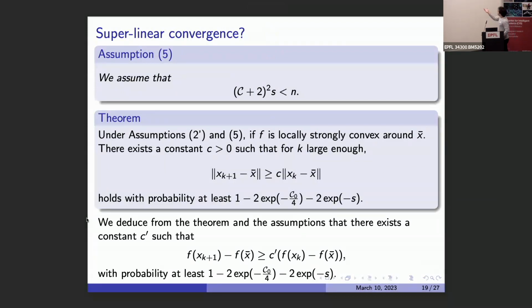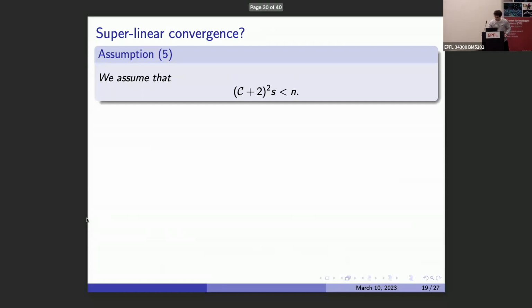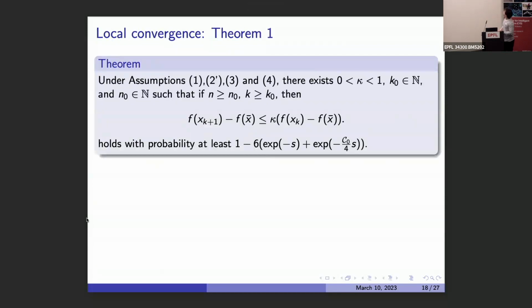And because we assume that f is strongly convex, this is equivalent. So the theorem is equivalent to the fact that for k large enough, f(xk+1) minus f(x bar) is greater than some constant times f(xk) minus f(x bar). So it says that this result is actually optimal here.